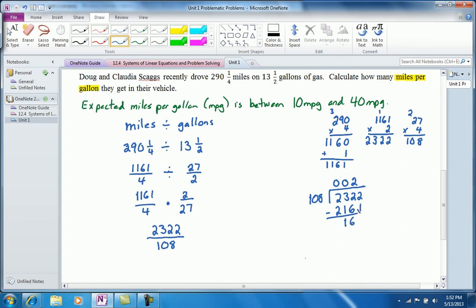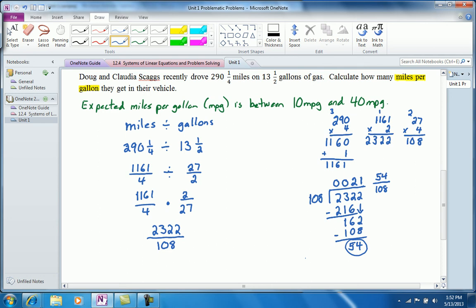We'll drop my 2 and continue. 108 does go into 162, but only 1 time. 1 times 108 gives me 108. And 162 take away 108 gives me 54. So my remainder is 54, which gives me a fractional component of 54 over the original denominator of 108.